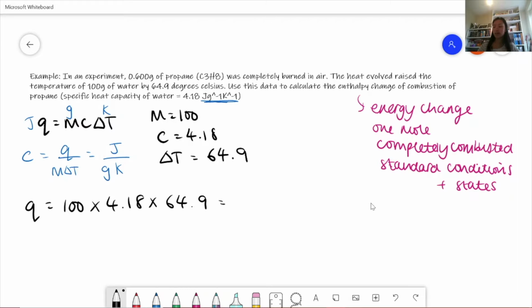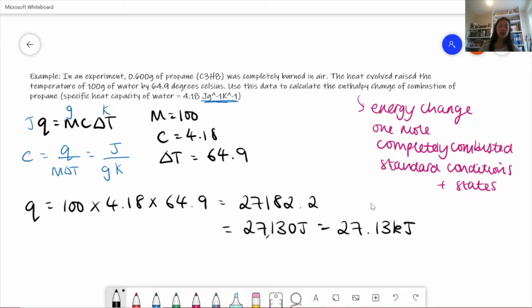And that comes out to be 27182.2. And then we round it to 27130 joules, which equals 27.13 kilojoules. Now I've converted it to kilojoules because it helps us with the next step.